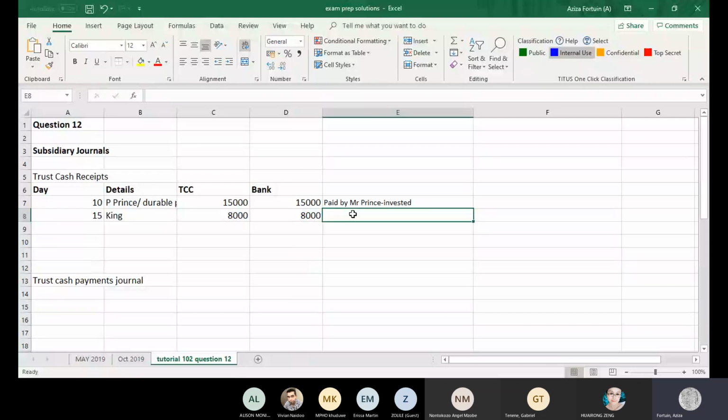Instruct the sheriff to deliver summons to Mr. King and pay the sheriff. That should have gone out of your business bank account. Okay, let's delete this. Okay, anything else?